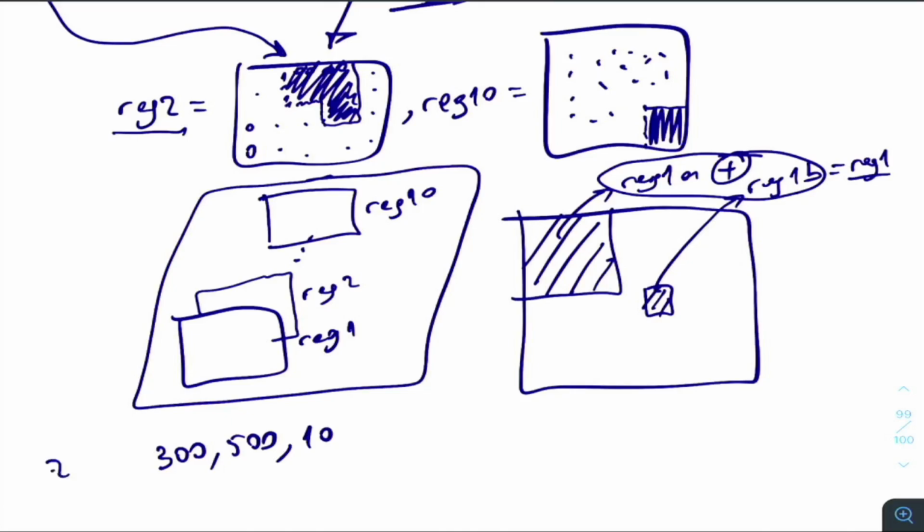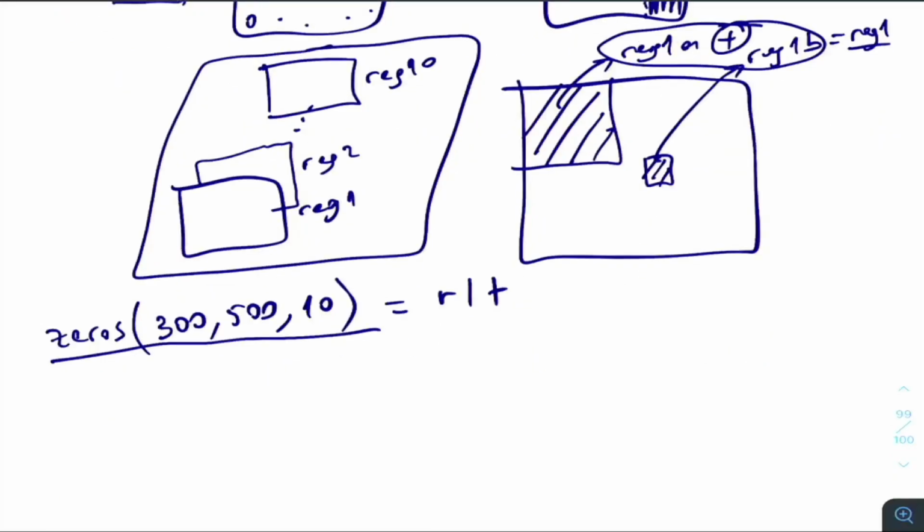You can just create the region layout tensor with zeros, something like this, and then RLT 1, for example.